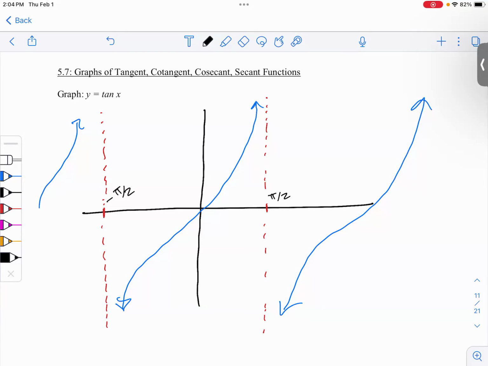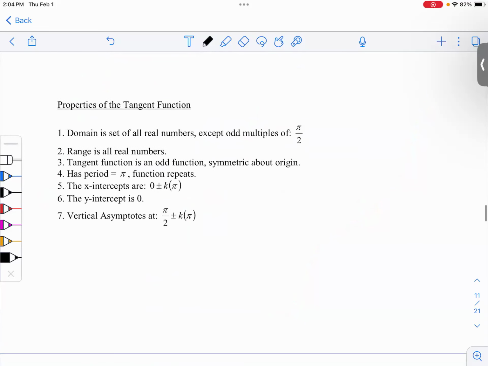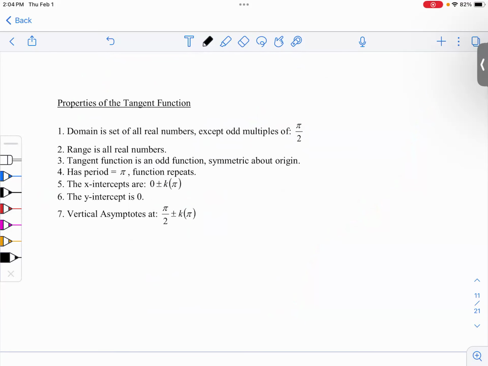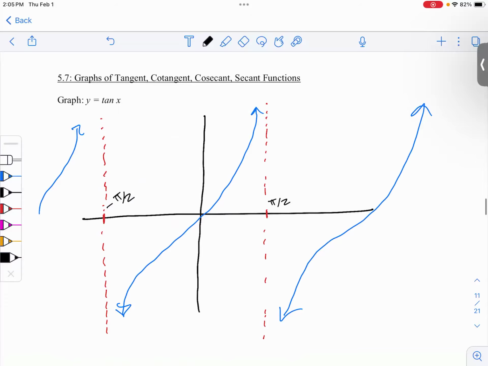That's actually kind of nice. And again, domain is all multiples except for where it has asymptotes, range is all reals. Tangent is an odd function because it looks just like a cubic. It has period of pi, and notice, negative pi over 2 plus pi over 2, how far is that?